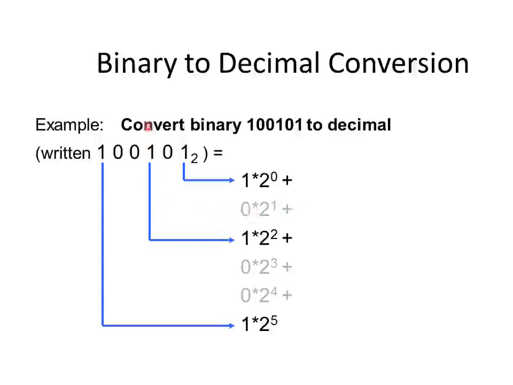Only where the digit is 1, we will consider those positions. So 1 into 2 to the power 0, 1 into 2 to the power 2, 1 into 2 to the power 5. That means 1 plus 4 plus 32, that means 2 to the power 0 plus 2 to the power 2 plus 2 to the power 5. Ultimately, you get 37 in the decimal system.